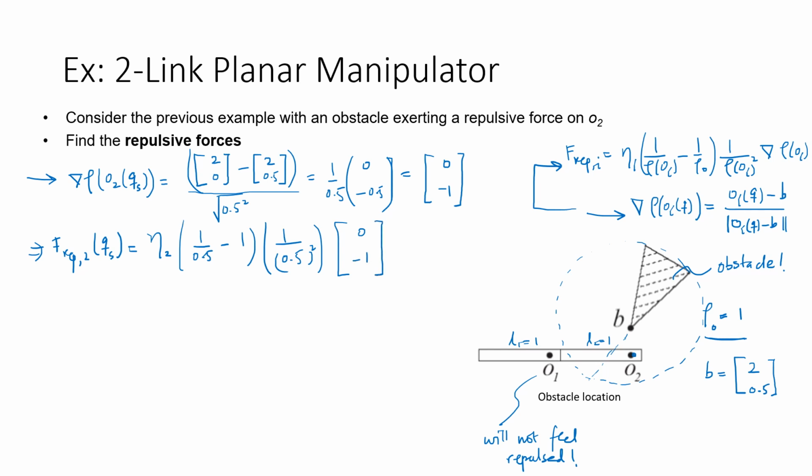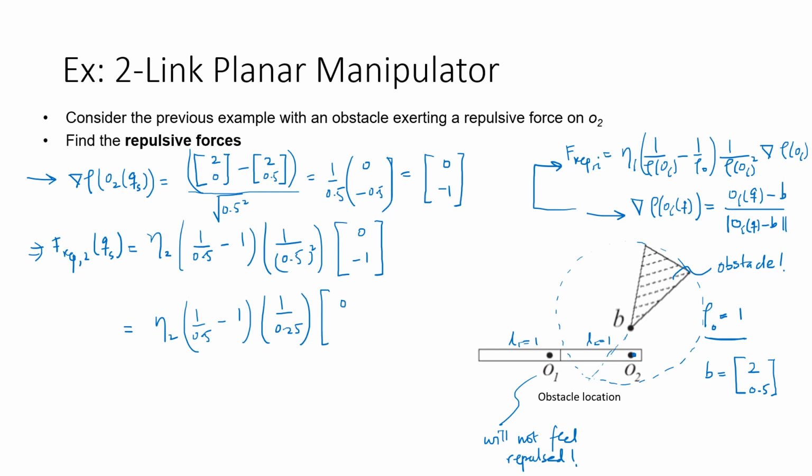So once you do that, this is going to be something like this, that you have eta 2, and then you have this computed to be, let me do one more step over here. So this is going to be 1 over 0.5 minus 1, into 1 over 0.25.